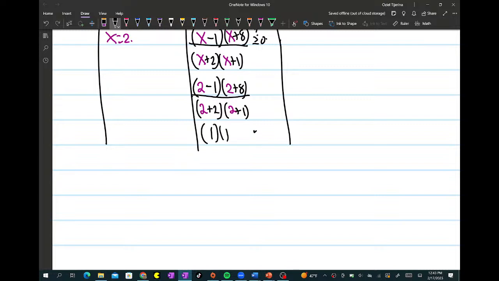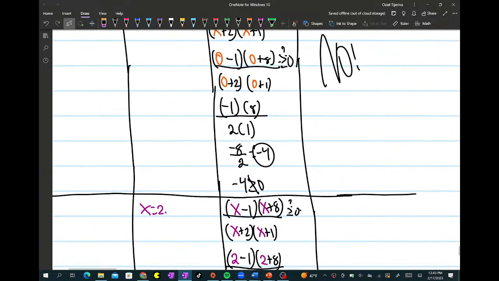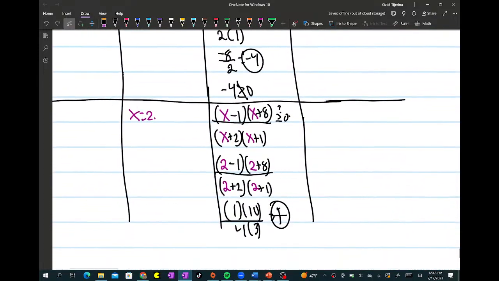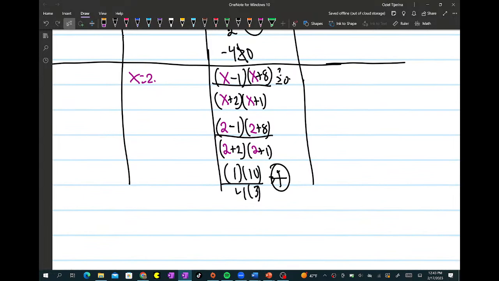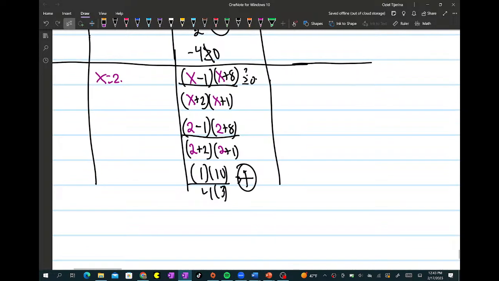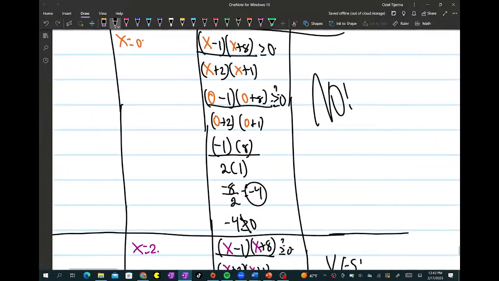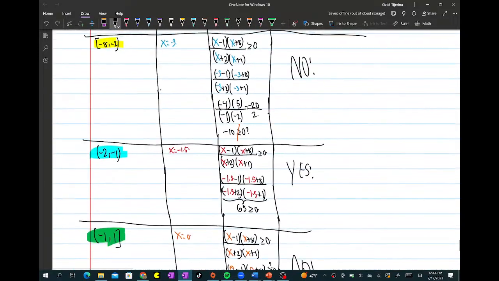It's 1 times 10 over 4 times 3. This is positive, and we want it to be greater than or equal to 0. So yes, this works. That's a little shortcut if you think literally calculating it takes a lot longer.